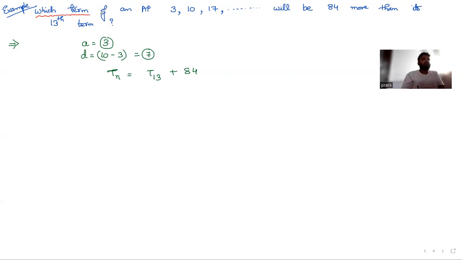Here, Tn is nothing but A plus n minus 1 into D, the formula. What is T13? A plus 12D, plus 84. Now when we simplify this, what is A? A is 3, and n minus 1, I don't know the n value, so I'm not substituting that.